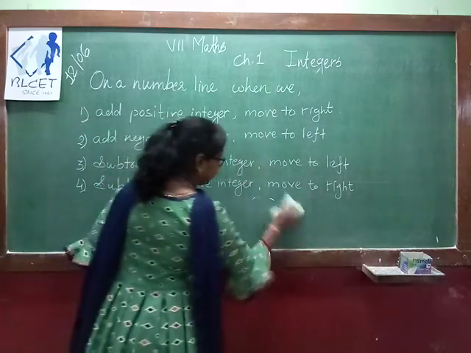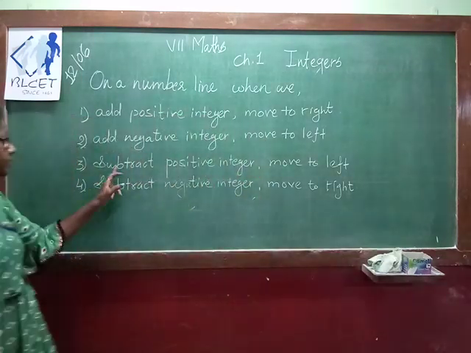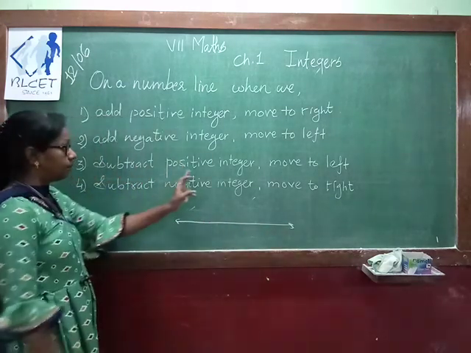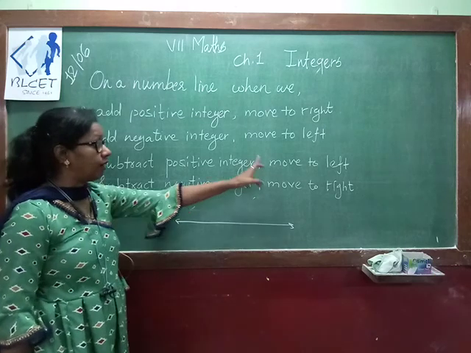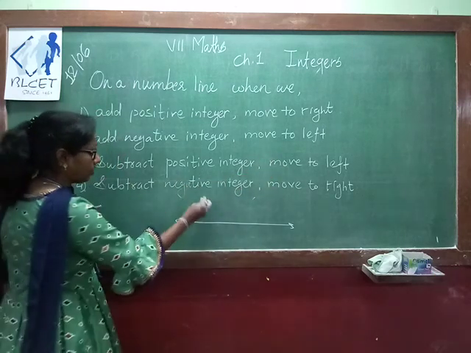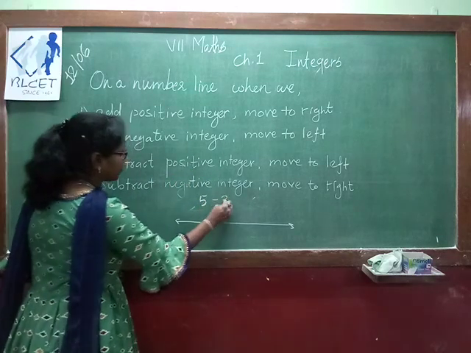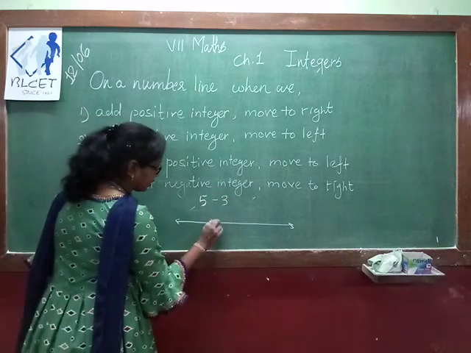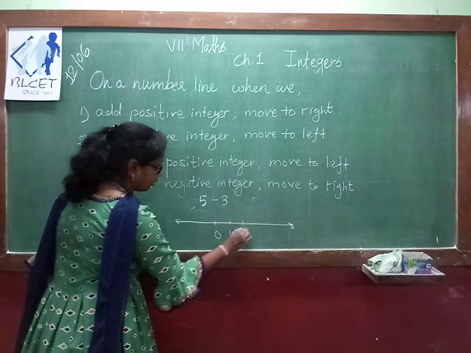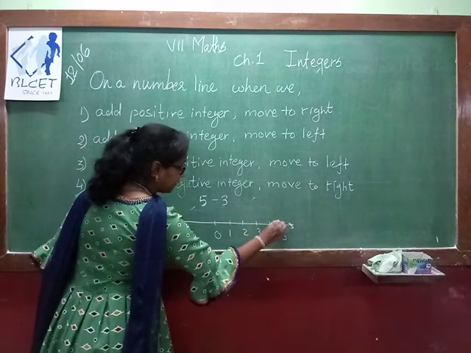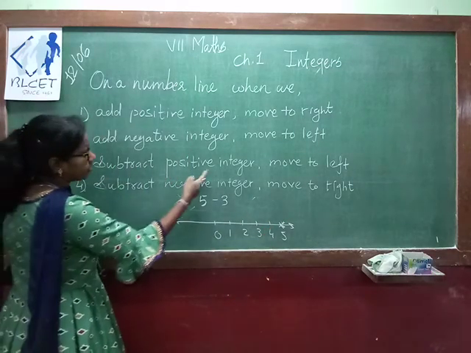Next, see. Subtract positive integer, we have to move to the left direction. Suppose you have 5, subtract positive integer 3. Okay, so suppose 0, 1, 2, 3, 4, 5. So here it is your 5. Now we are subtracting a positive integer.